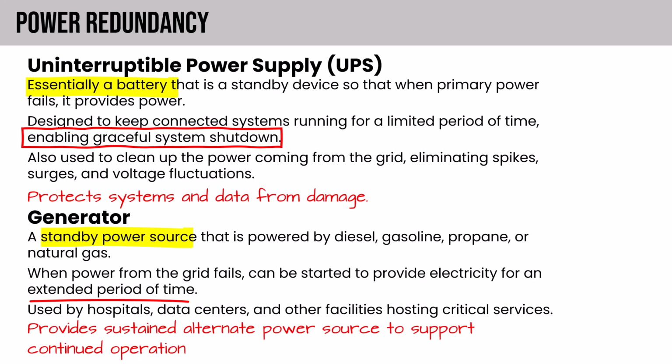So the UPS, while it's cleaning up power, preventing surges and voltage fluctuations, in the event of a failure, is short term: minutes or maybe hours. The generator is going to be longer term, hours or even days. But in either case, it allows us to respond more effectively and gracefully to an unexpected loss of power, regardless of the reason, resulting in a reduced risk of data loss and a reduction in the time of our service outages, or potentially avoiding that outage altogether.